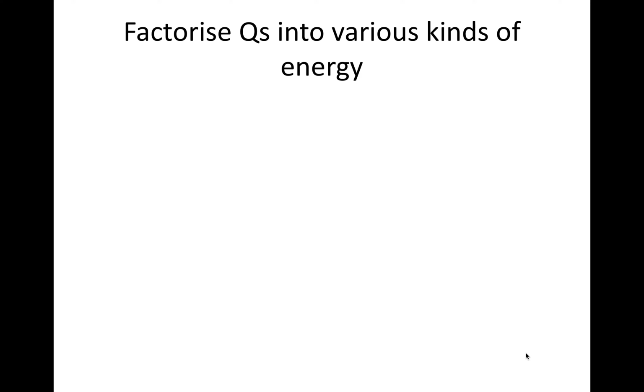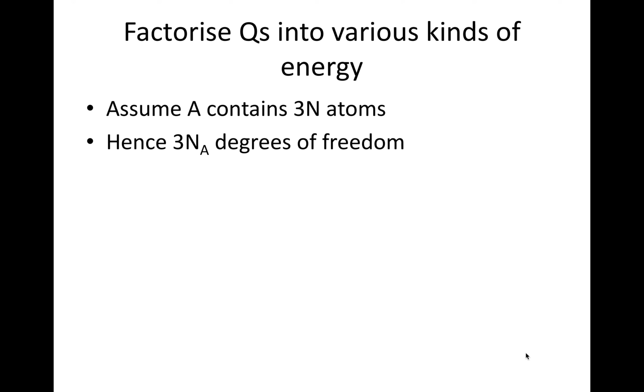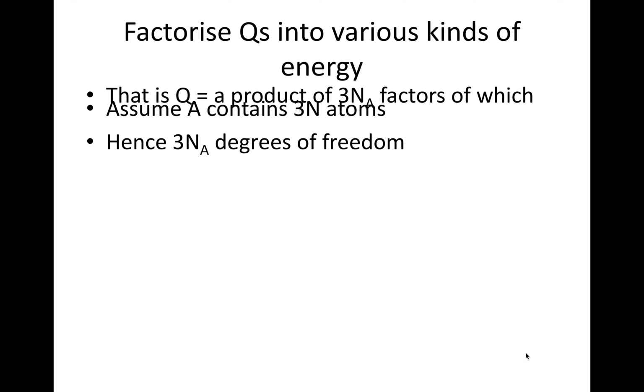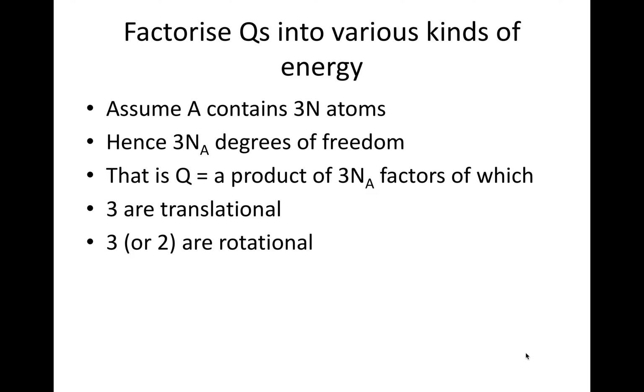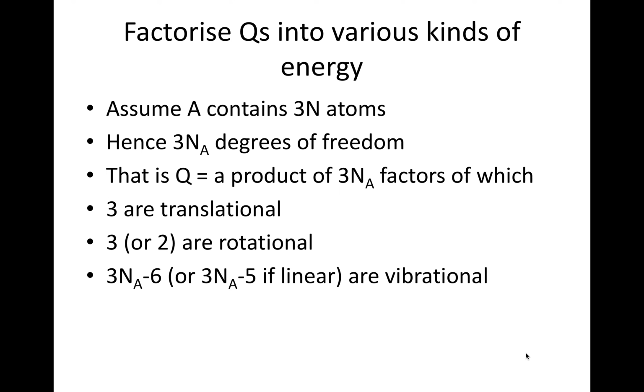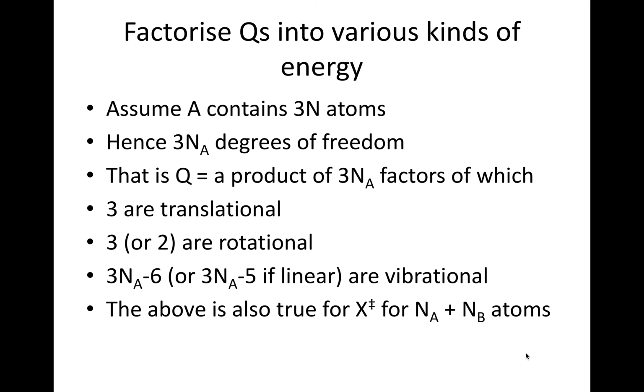Factorize the Qs into various kinds of energy. Assume A contains Na atoms, hence 3Na degrees of freedom. That is, Q is equal to a product of 3Na factors, of which 3 are translational, 3 or 2 are rotational, and 3Na minus 6, or 3Na minus 5 if linear, are vibrational.